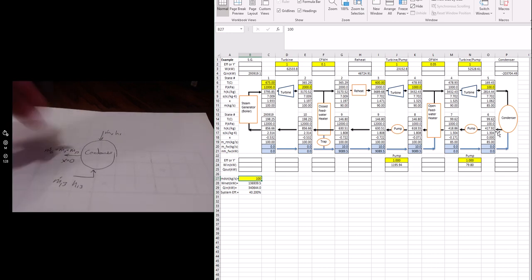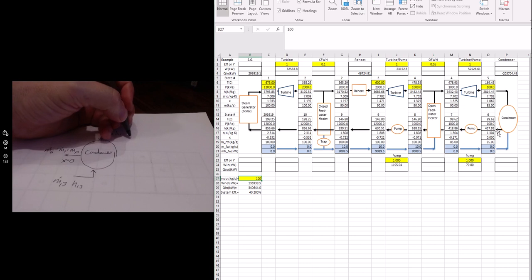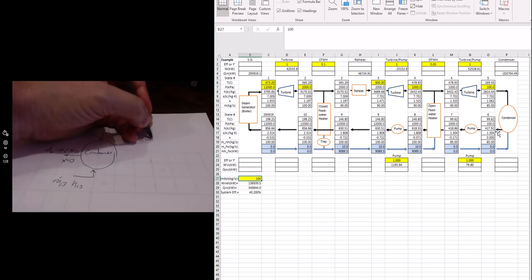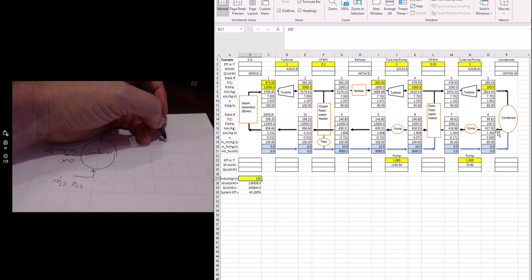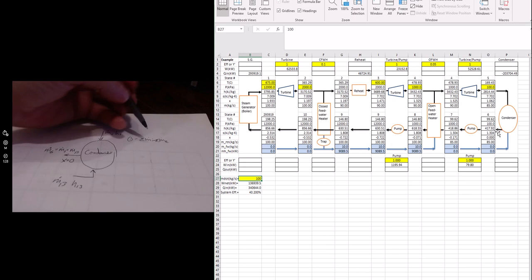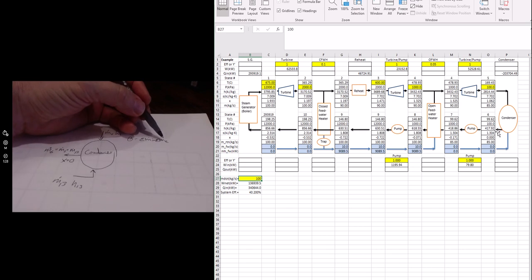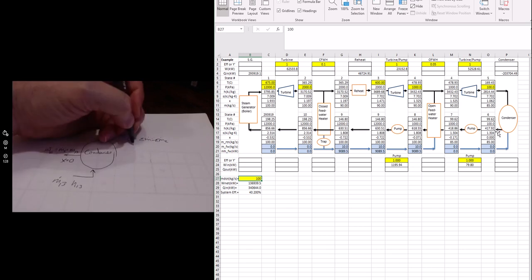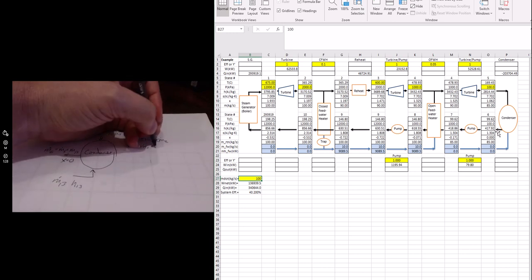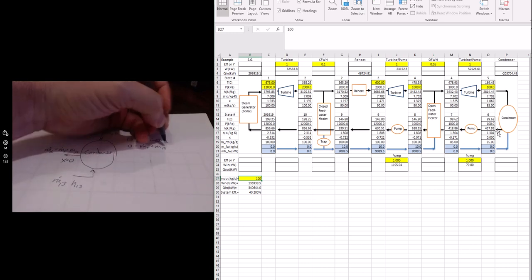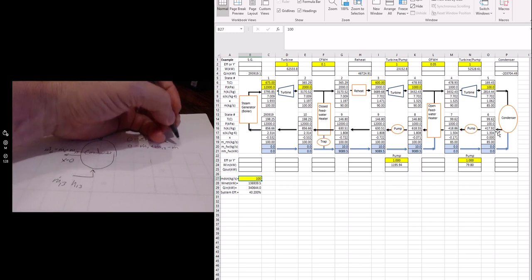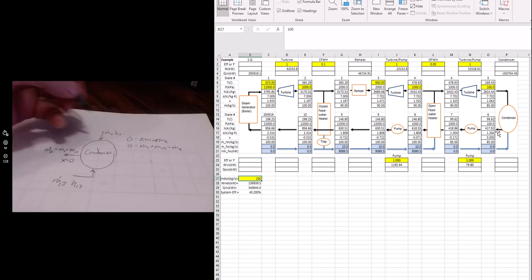So the mass continuity equation, 0 equals summation m dot I minus summation m dot E. We're solving for the one m dot E. So we have 0 equals m dot 5 plus m dot 13 minus m dot 6. So that's how we're solving for that.